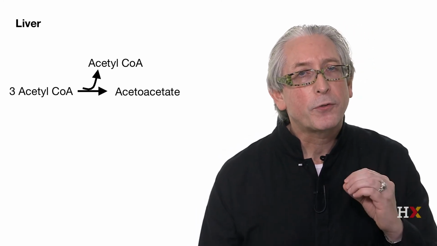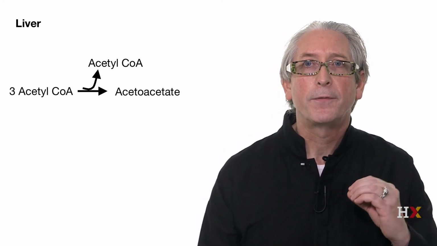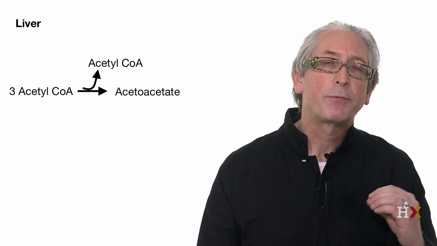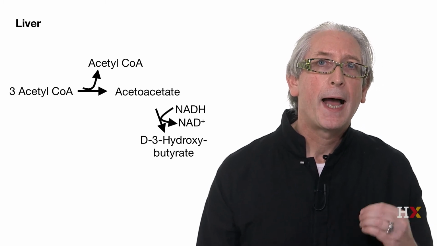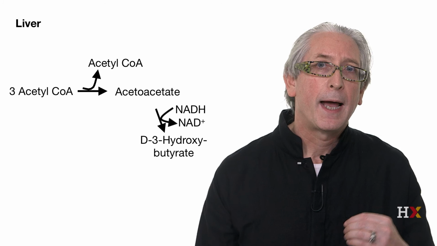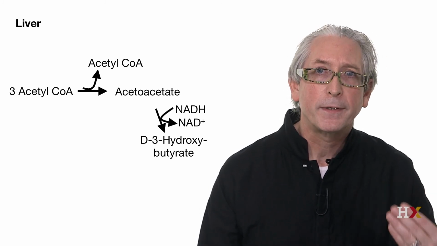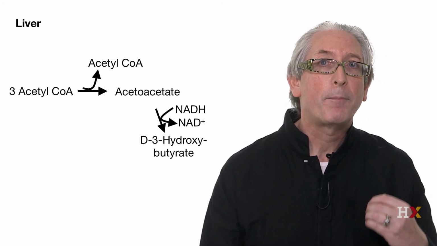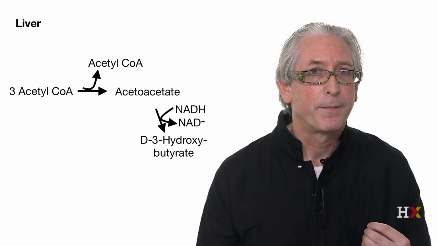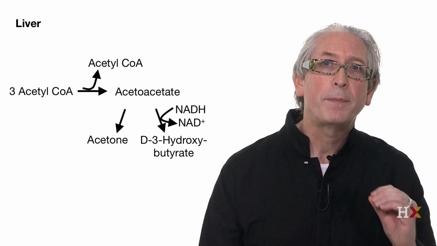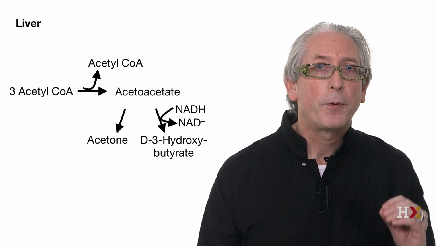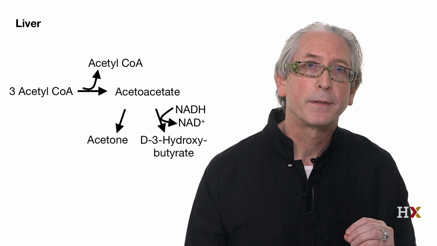If the concentration of NADH is high enough, acetoacetate is reduced to form D-3-hydroxybutyrate. Acetoacetate can also spontaneously and slowly be decarboxylated to release acetone. Acetone can often be smelled on the breath of a person producing ketone bodies.